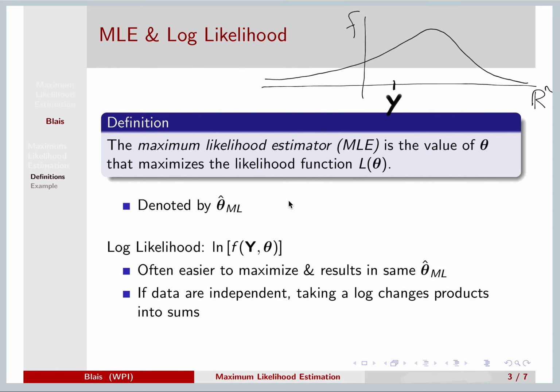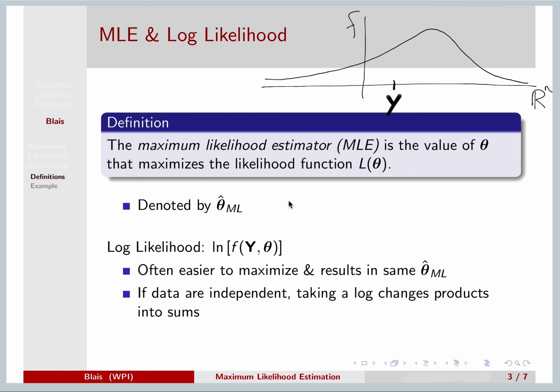So again, this is our density. And what we want to do is change the parameters of the density function to make this sample, this y, our data, as likely as possible according to this distribution. In other words, we fiddle with the parameters to maximize the likelihood of this particular point showing up.